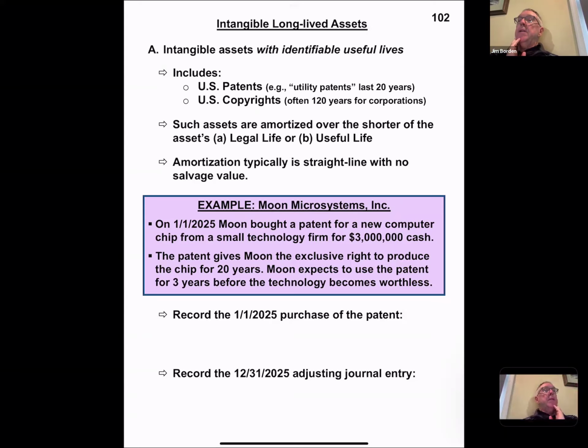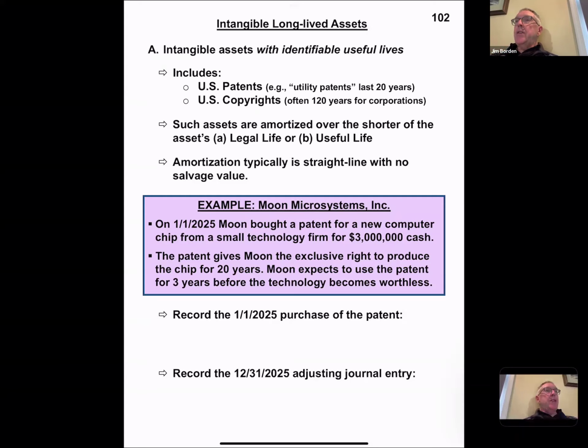The other option is the useful life. And this is a more practical measure of how long we think the benefit of having this intangible asset will really last. So while we may develop a patent and the courts give us a 20-year protection for that particular patent, the odds are quite high if it's a useful idea that you've come up with, other companies are going to soon follow suit.